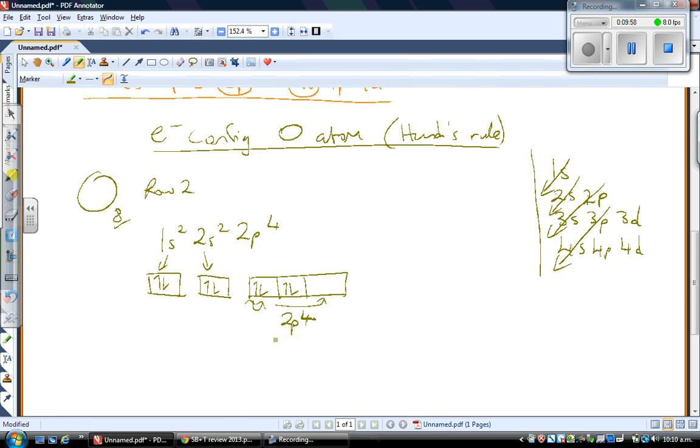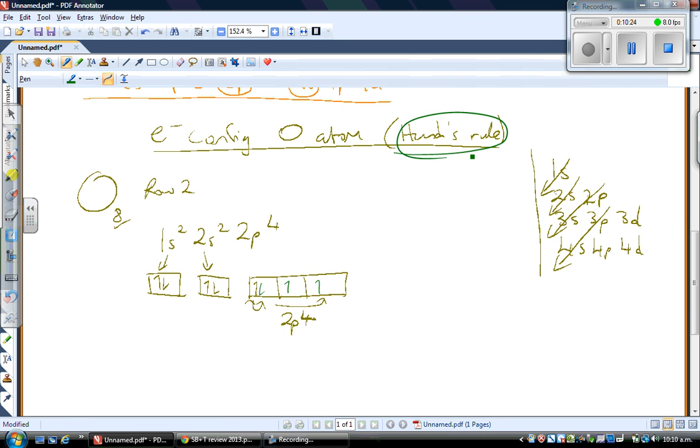The same thing works with electrons. Hund's rule states that instead of the electrons pairing up initially, the electrons would rather go into individual suborbitals within the p orbital. So you'd rather go like this, 1, 2, 3, and then you're forced to pair up, and that's how you fill atomic orbitals according to Hund's rule.